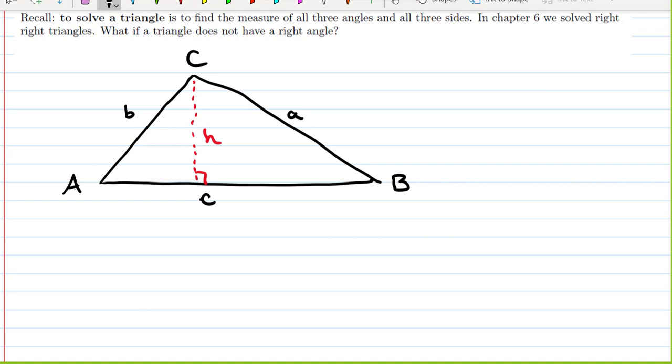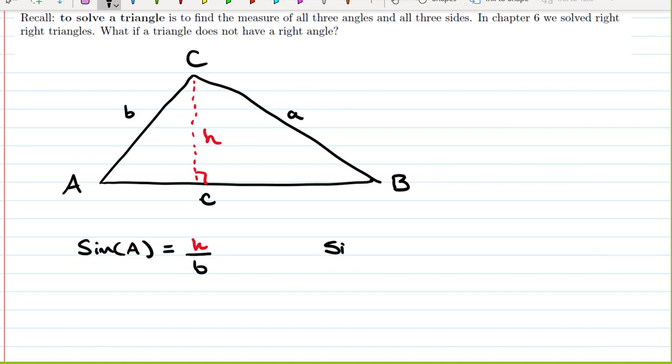If I look at angle A over here, we would have the sine of angle A, using this perpendicular to make a small right triangle. Sine is opposite over hypotenuse, so the sine of A would be h divided by b.